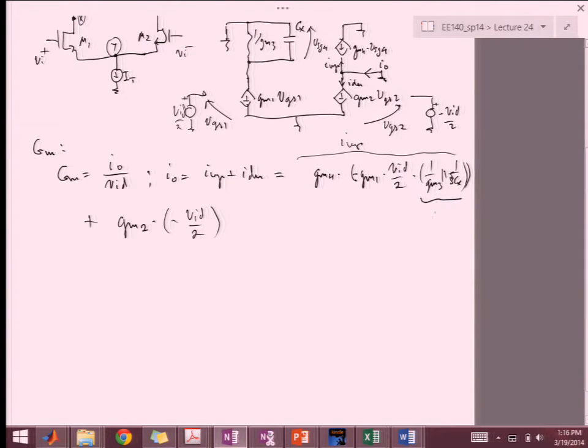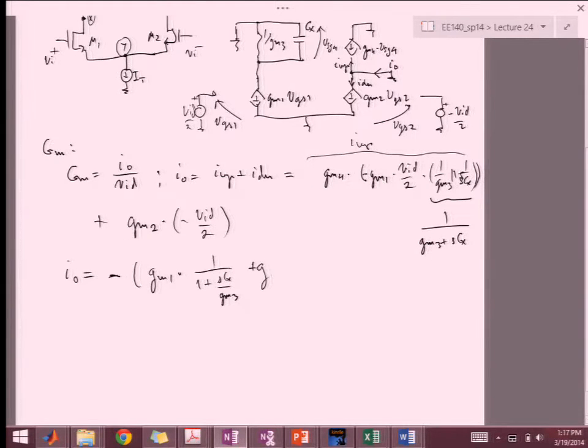Okay, so when we take a look at this piece, it's really two conductances in parallel, so it's really GM3 plus SCX. And if we write IO, we're going to get minus GM1 times 1 over 1 plus SCX over GM3 plus GM2.